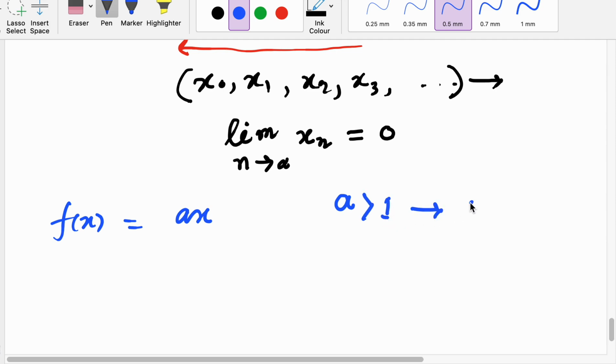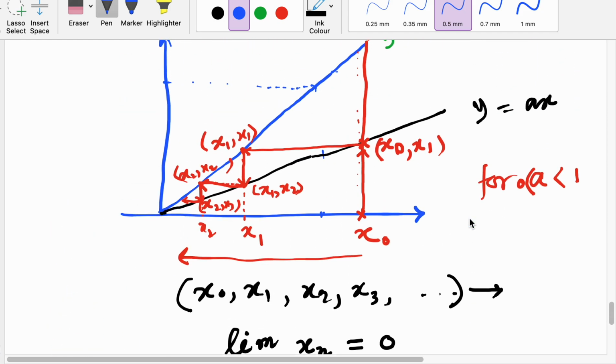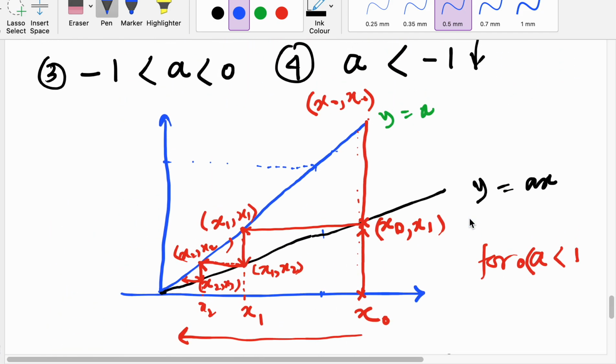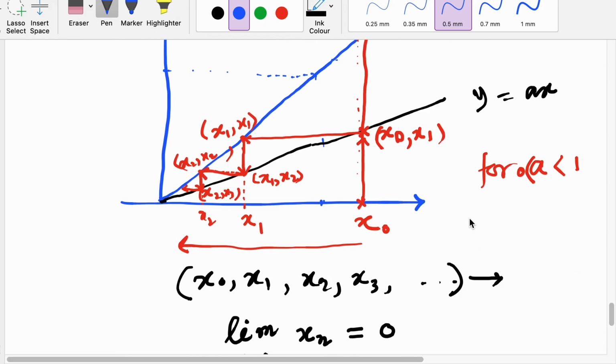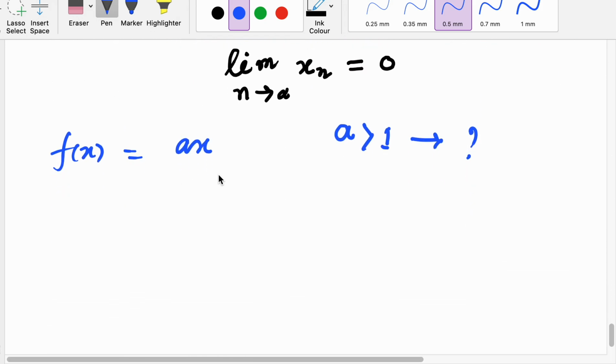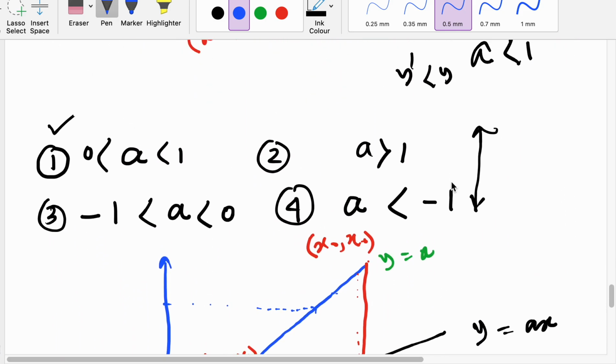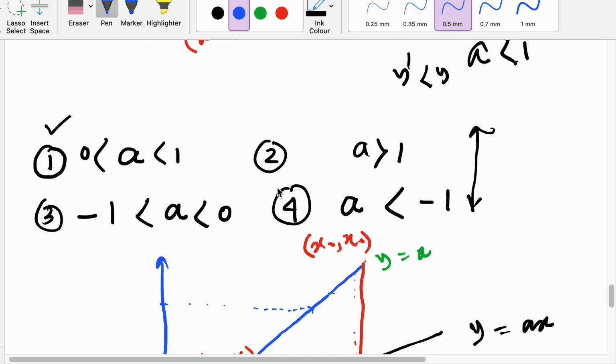This will be a kind of homework for you: if you want to see the cobweb diagram, what is the behavior of the system when f(x) equal to ax and a is greater than 1? So that's it. Now I will show you option 4.